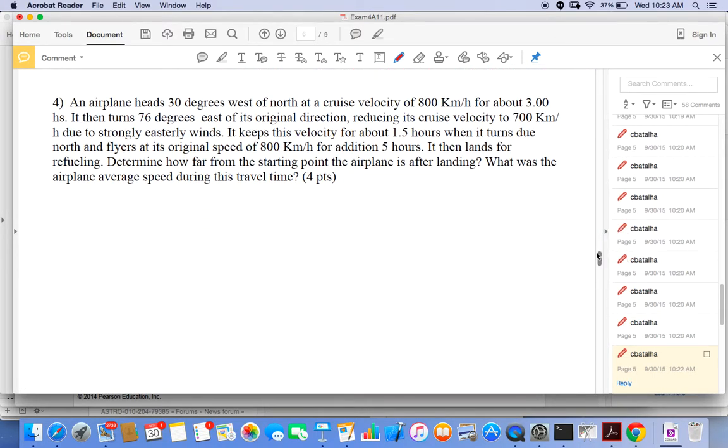Problem number 4. This demands a little bit of calculation. You can do it any way you prefer. But basically, you have an airplane. If you do your orientation like east, north, west, and then south, the airplane heads 30 degrees west of north. So this is north, 30 degrees west of north, that's what it is. So you have an angle here, it's 30 degrees. And then there is a cruise velocity given.